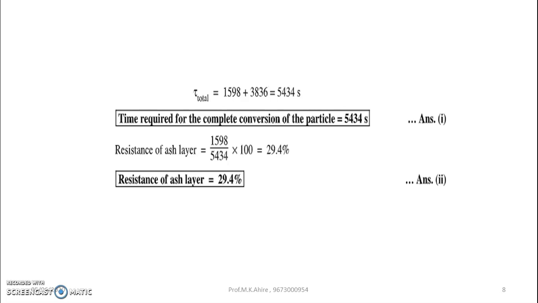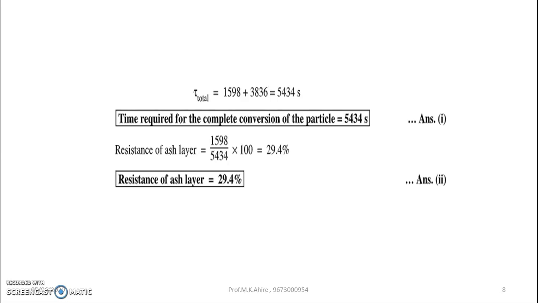So I think you have got the meaning of this, how we have calculated the total time, how we have estimated the resistance offered by the ash layer, and if they ask to calculate the resistance offered by chemical reaction, it will be higher. It is around 70%.